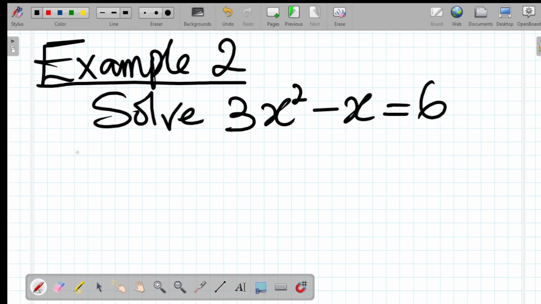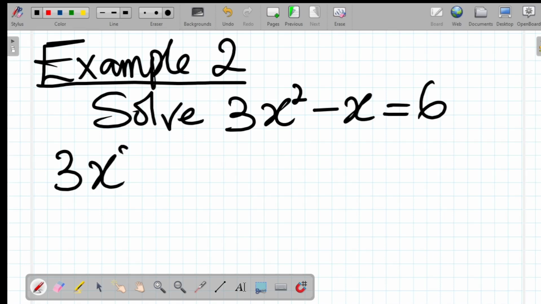Now note this, before you start solving any problem on the completing the square method, ensure that the coefficient of x squared is 1. Here the coefficient of x squared is 3. So how do we eliminate this 3? We can eliminate this 3 by dividing by 3.